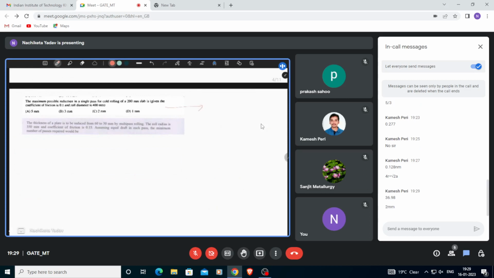What will be the maximum possible reduction in a single pass? We know delta H, H1 minus H2, equals mu square R. It is given as 0.1 square into a radius of 2 mm. You read the second question and how will you solve it?